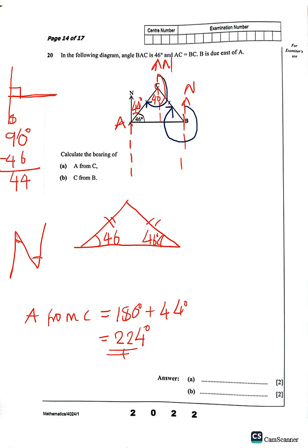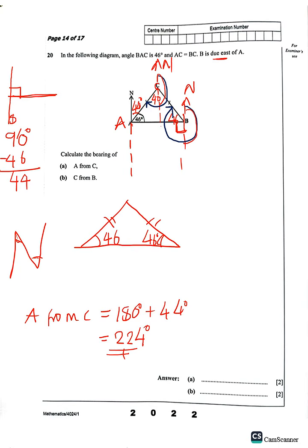If this is our 46, then we know that this is a 90 degrees angle, since the line AB with BN is perpendicular. So we have 46, 90, then this is 180.